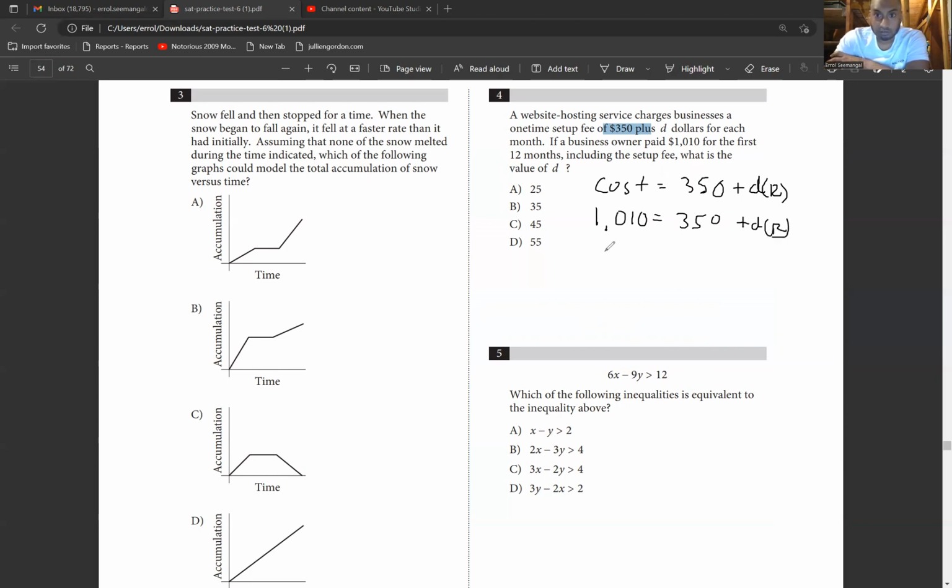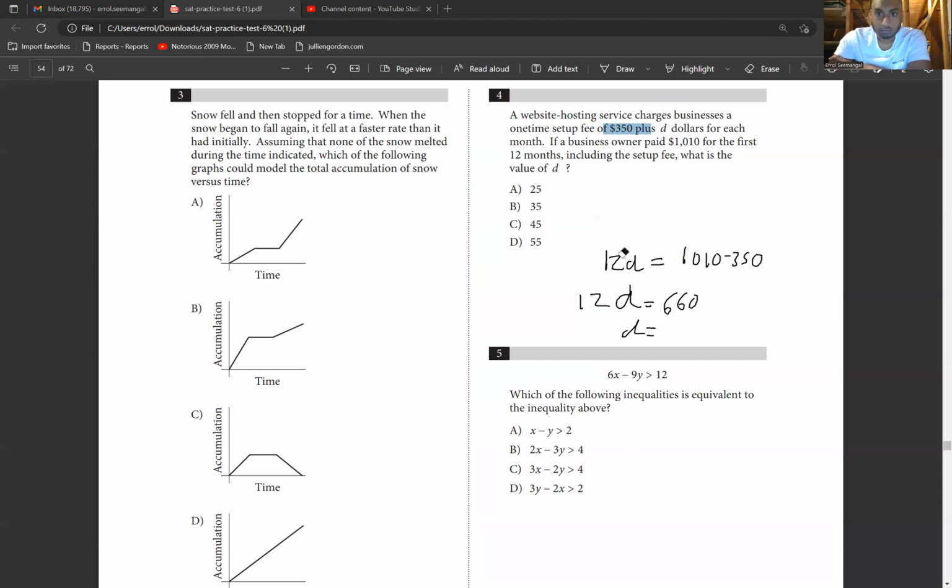So now 12D equals what? 1010 minus 350 is what? 660. And then divide that by 12. What's 660 divided by 12? 55. Okay, yeah, D is 55. All right, that's 4.